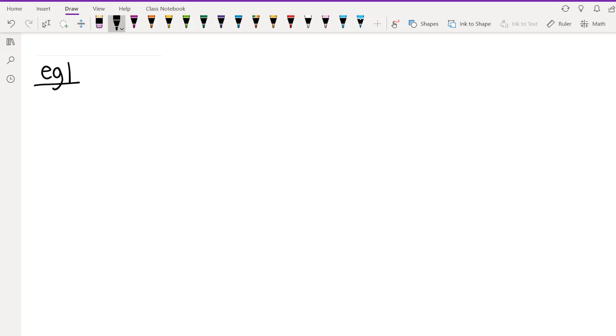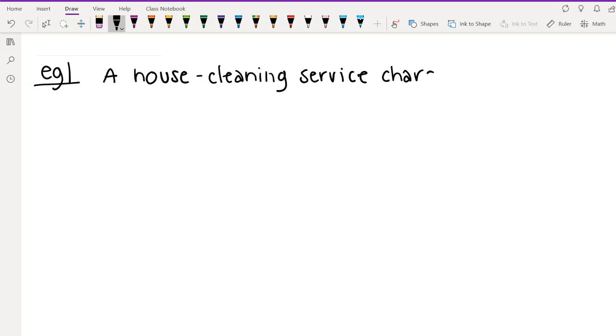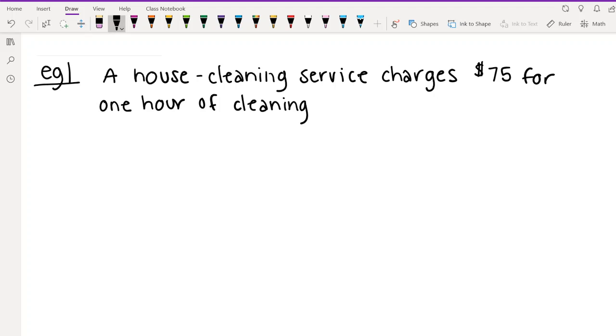Okay, so suppose that there is a house cleaning service. A house cleaning service charges $75 for 1 hour of cleaning, and it charges $185 for 3 hours of cleaning.